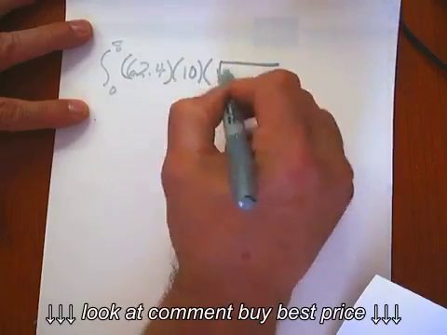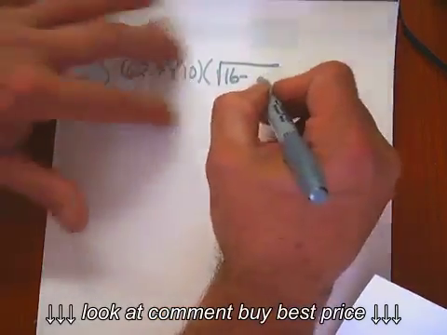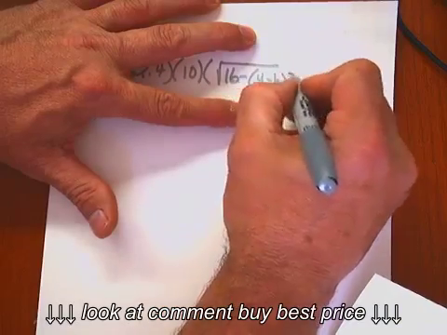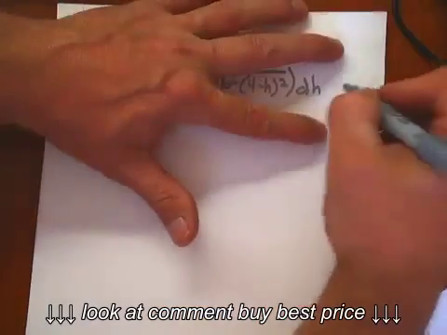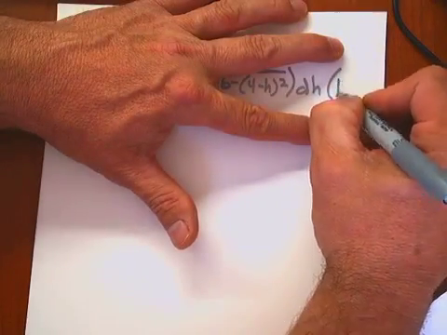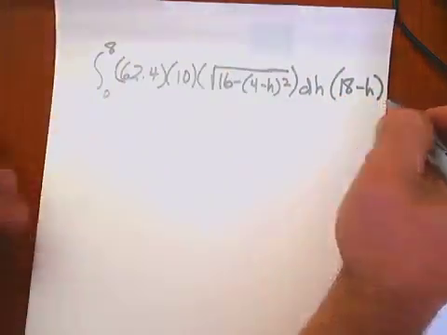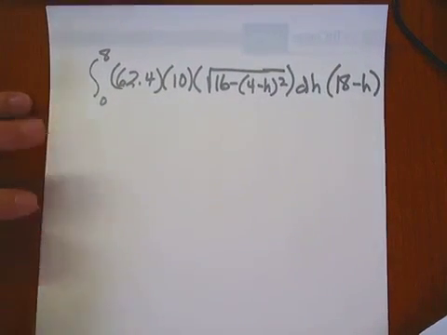I didn't do the other part, so I'm putting it all together. 10 times the square root of 16 minus (4 minus h) squared, dh, times (18 minus h). And that would be your integral.